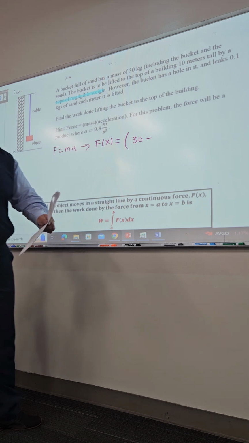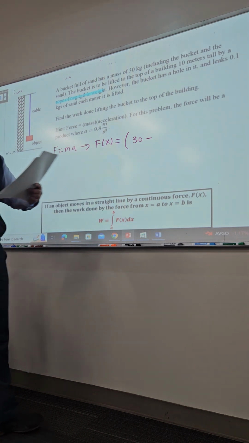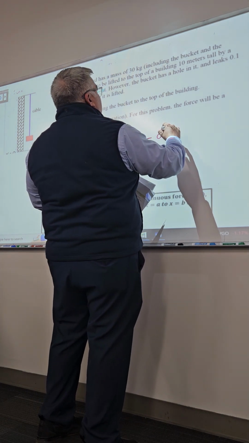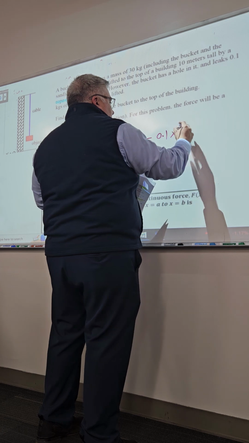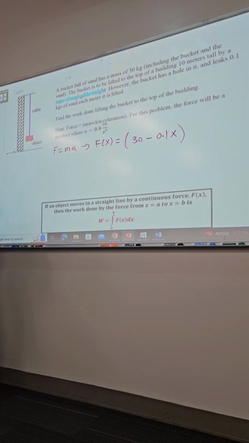But we're losing mass every time we pull the rope. Every meter we pull, we're losing 0.1 kilograms. So we just say 0.1x, for every meter. X is the meters, right? Or we use that much weight, 0.1 kilograms per meter.